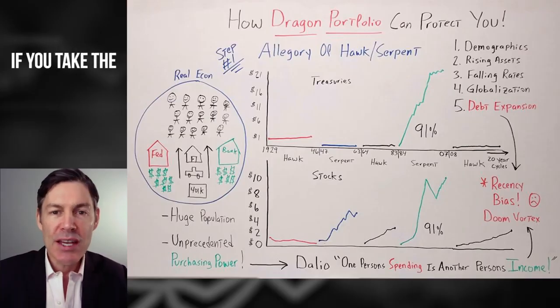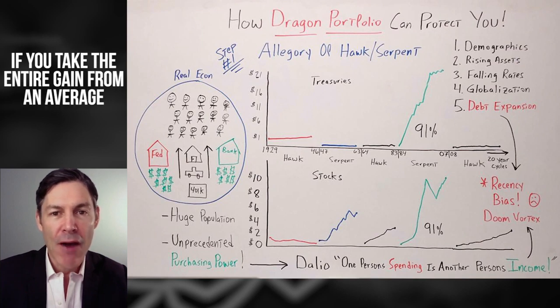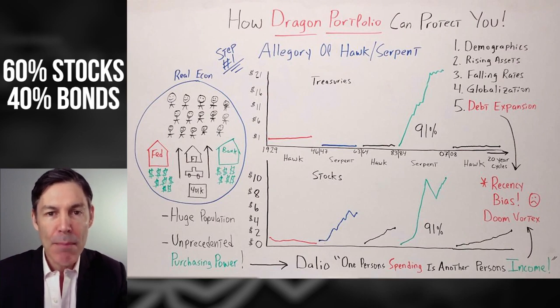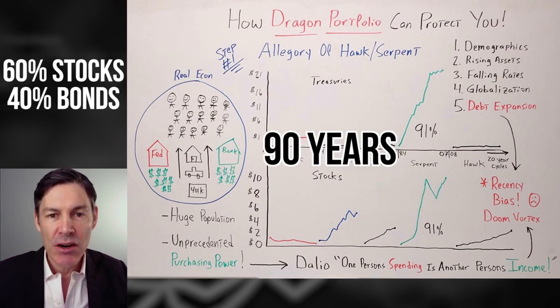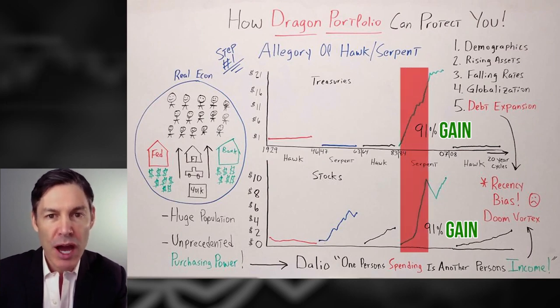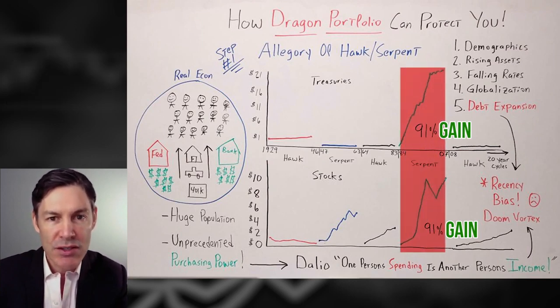In fact, if you take the entire gain from an average portfolio, I'm talking about 60% stocks, 40% bonds, you take that back over the last 90 years, and 91% of the gain came from 1984 to 2007, just that serpent period. 91% of the gain.